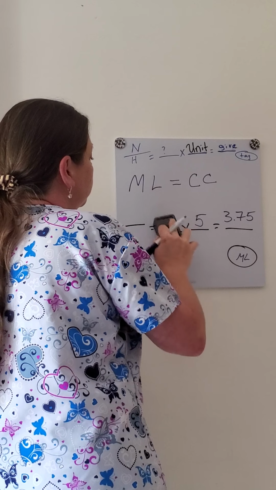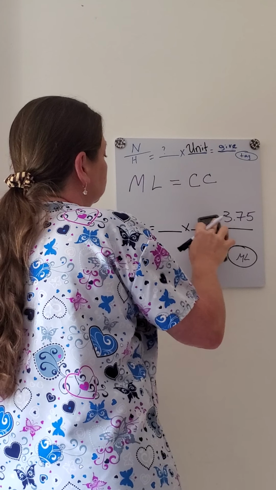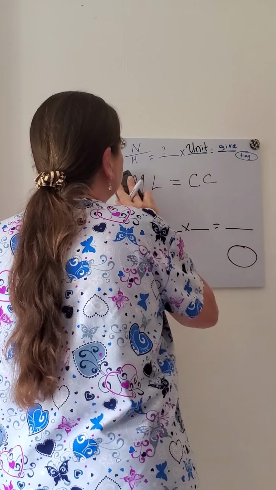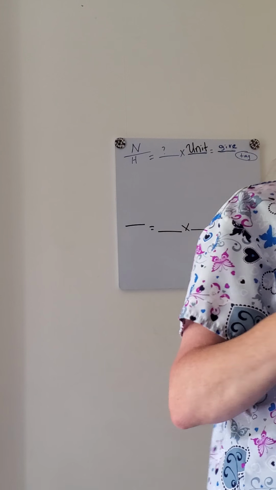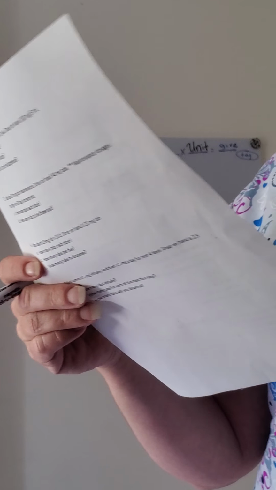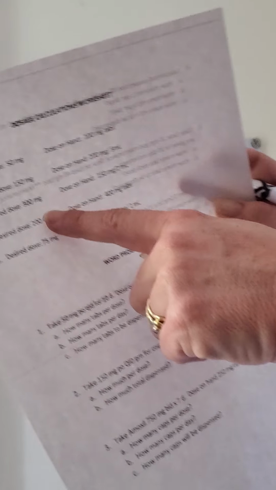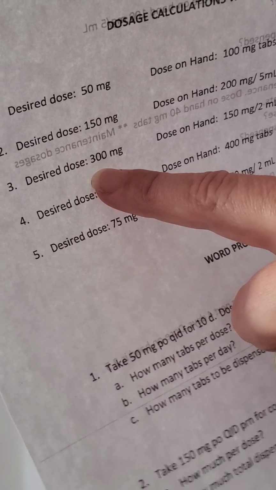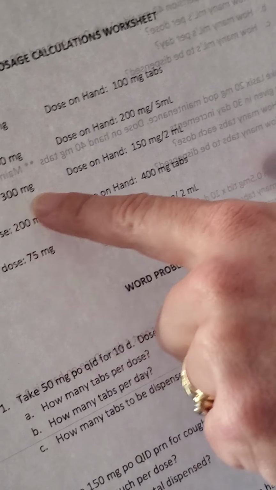Let's do another one. All right, so the next one on your assignment is number 3 for liquid measurements. Desired dose, 300 milligrams. That's the dose the doctor ordered.